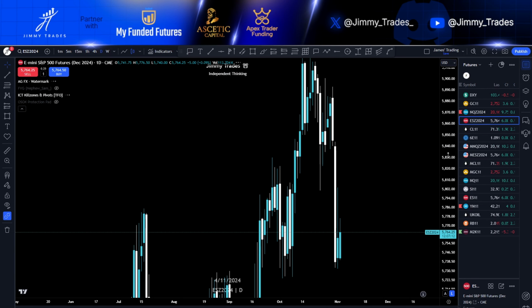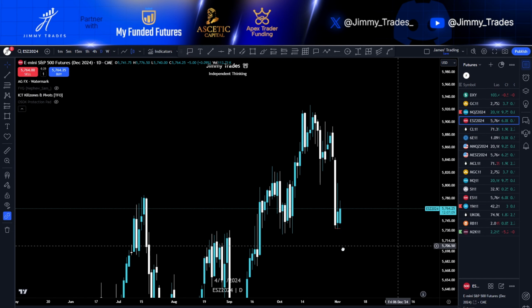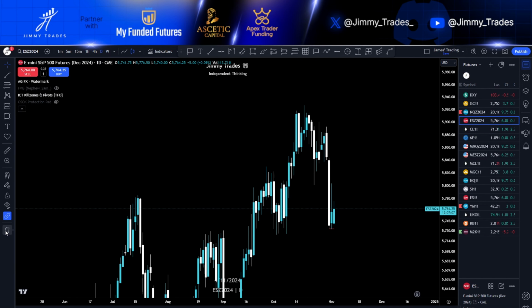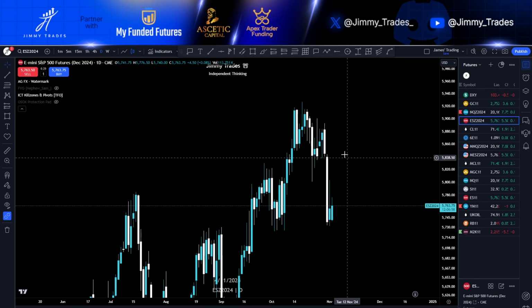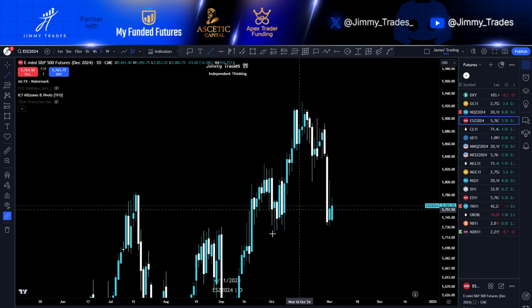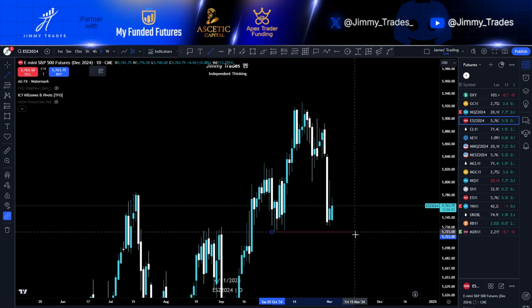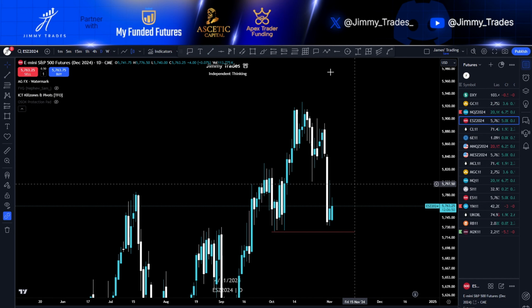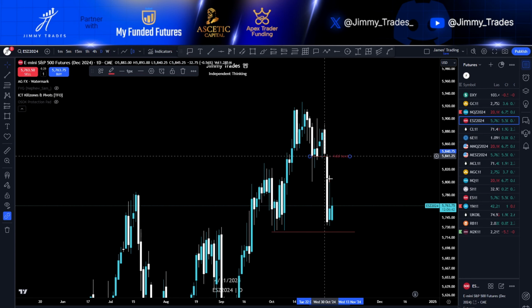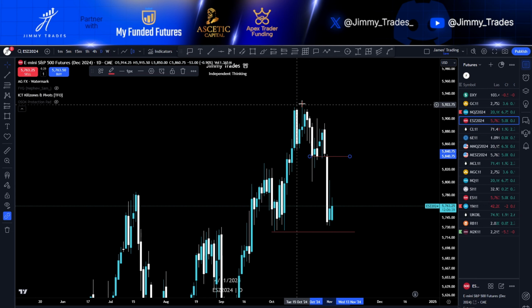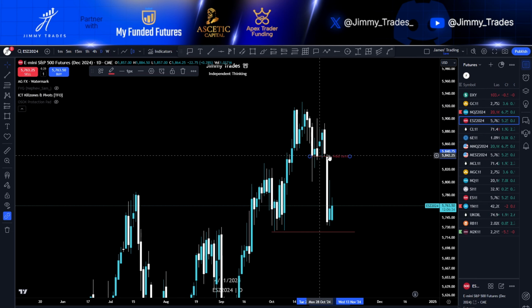move out to the daily. Got the relative equal lows. We have a change in the state of delivery. Displacement. Swept an important level, all-time highs. And then we have displacement through.